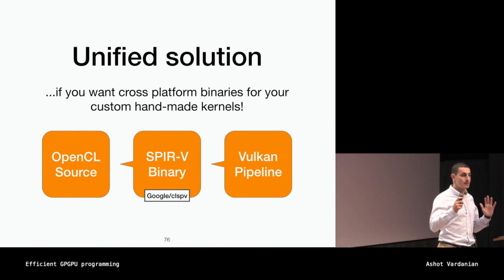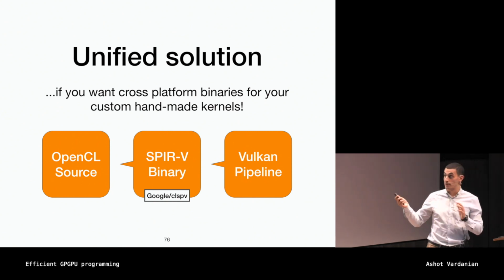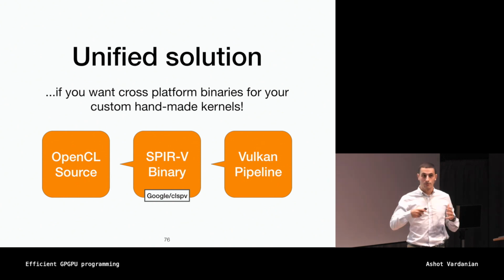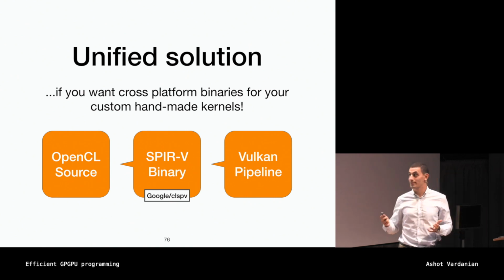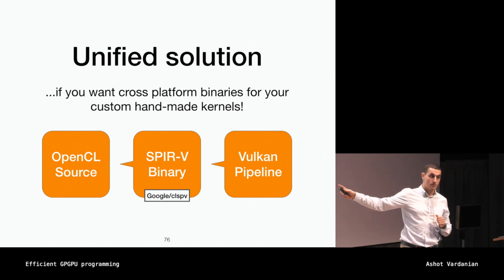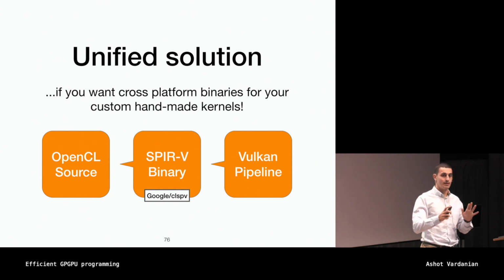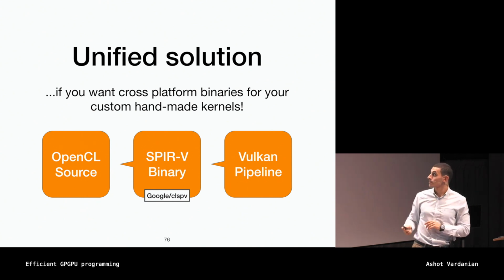It's claimed that sometime in the future there will be interoperability between the current Vulkan pipelines and OpenCL as a language, as a toolchain, but so far we don't have it. That's why this compiler by Google really kicks into place like a very neat, nice thing.